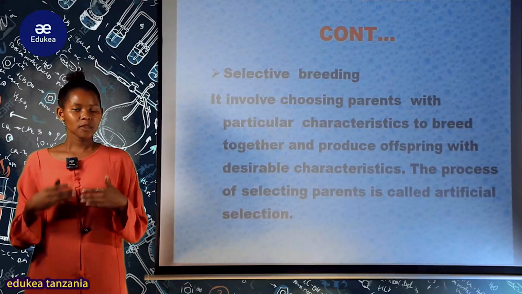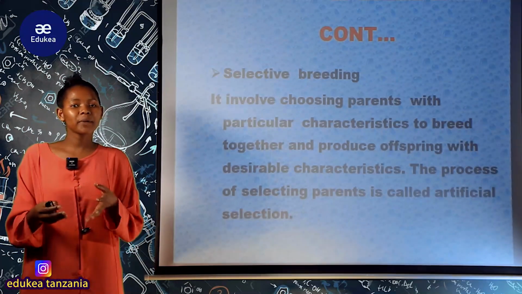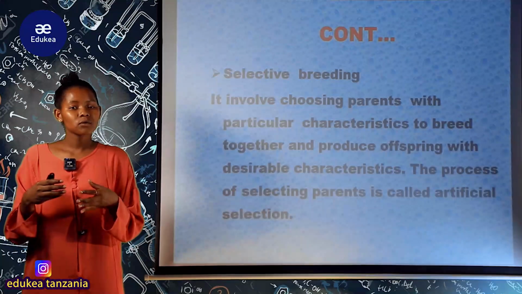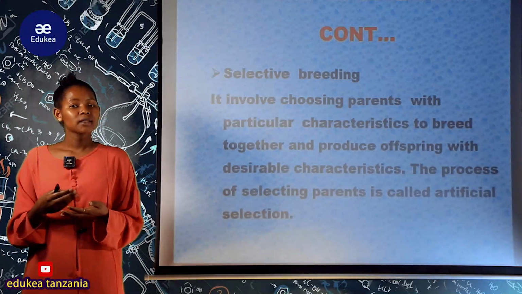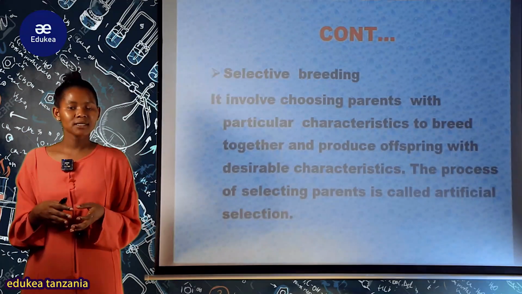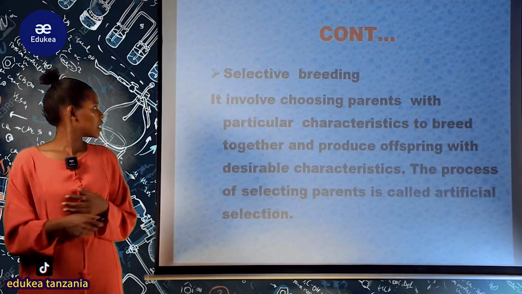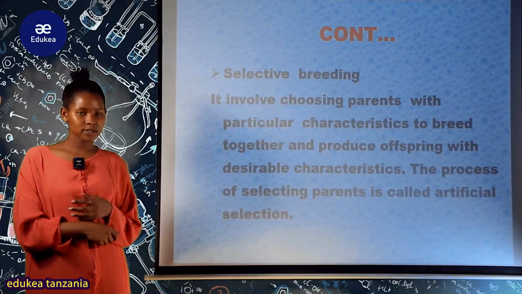Lakini endapo itatokea kuchaguliwa kwa wale parents kuweza kuwa selected ili waweze meet together, then wa produce offsprings ambao wana desirable characteristics, hiyo ndo tunaita selective breeding. Na hichi kitendo kinakuwa referred as artificial selection.